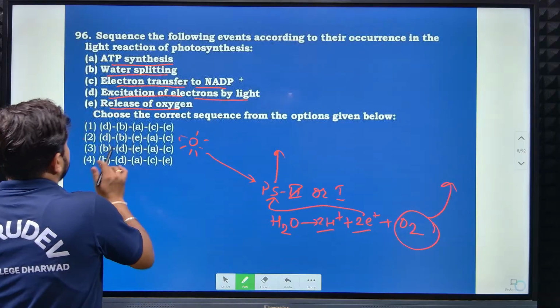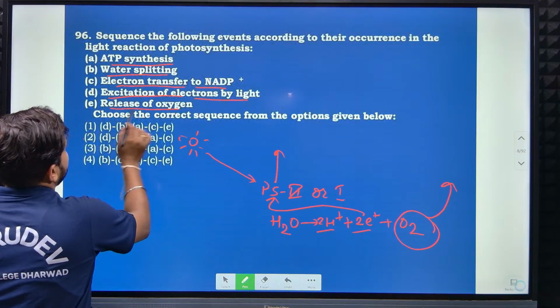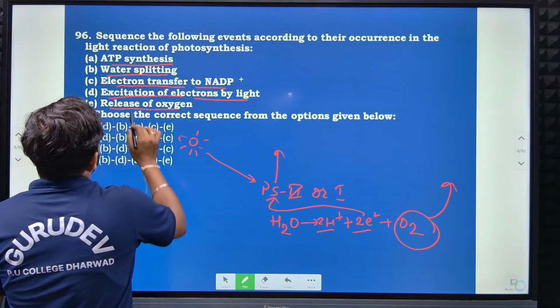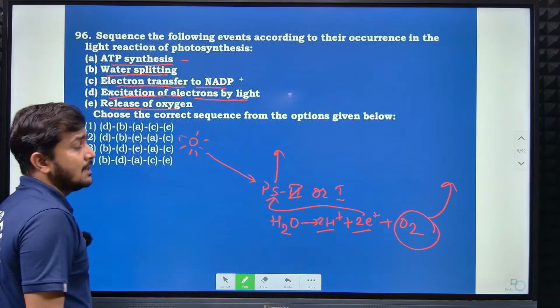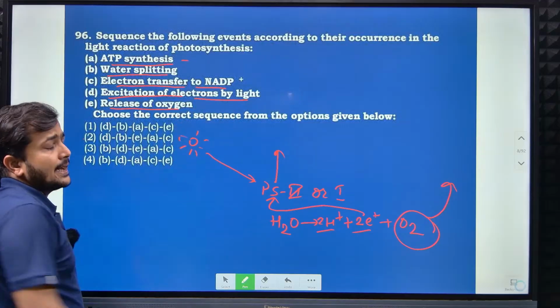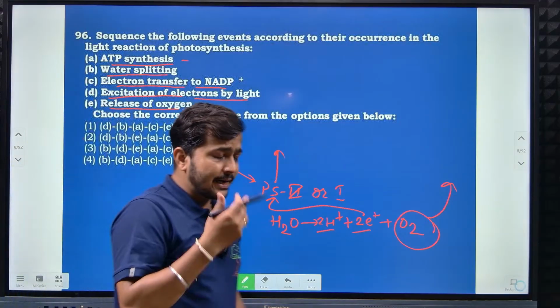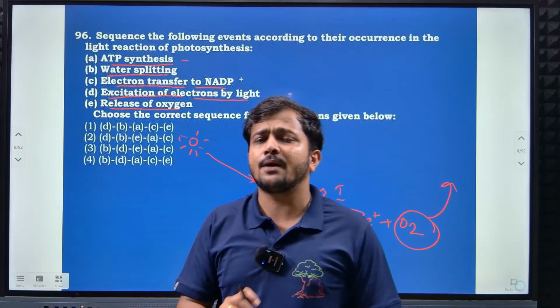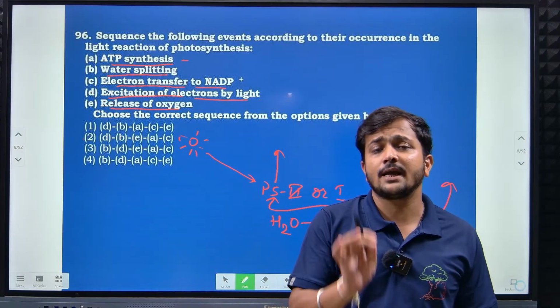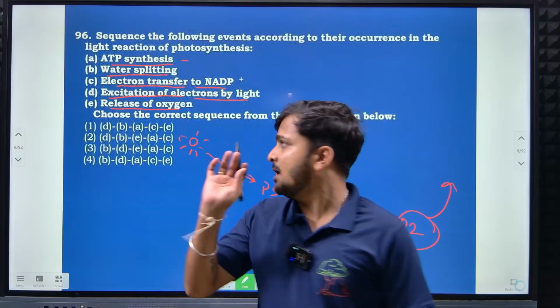Then next, the release of oxygen. Then ATP synthesis, as the protons are released here. Based on the proton gradient concentration, ATP formation takes place. That is what we call the chemiosmotic hypothesis of ATP formation.